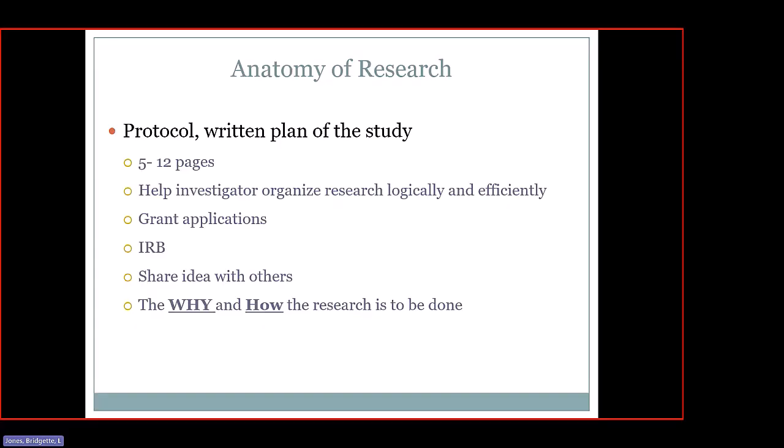If you're submitting an IRB protocol, they can be anywhere from 5 to 12 pages. Often you will write a research protocol if you're applying for a grant, so you have a protocol-type design within your proposal. It really just helps you organize your research logically and efficiently, and communicate that to others. So the protocol really addresses the why you're doing the research and the how you're doing the research.